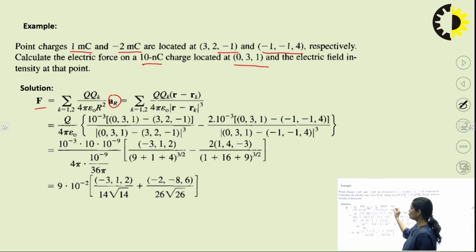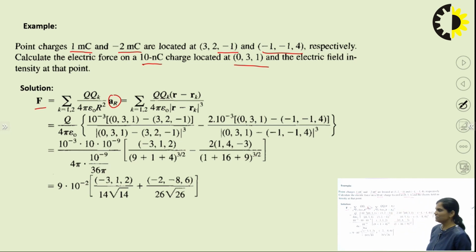The unit vector is equal to R minus RK upon the magnitude of R minus RK, so that you can multiply it with R square. So you will get the magnitude of R minus RK cubed.